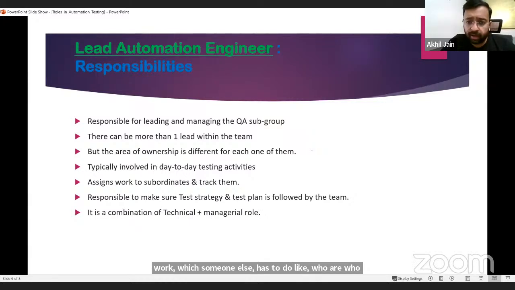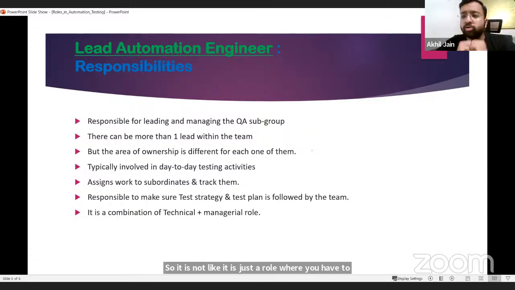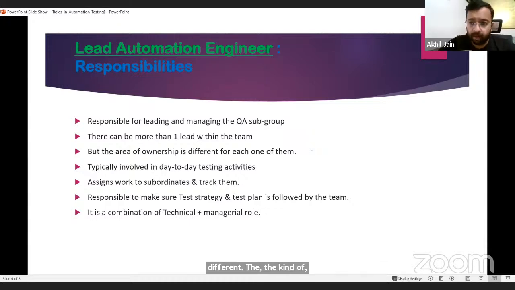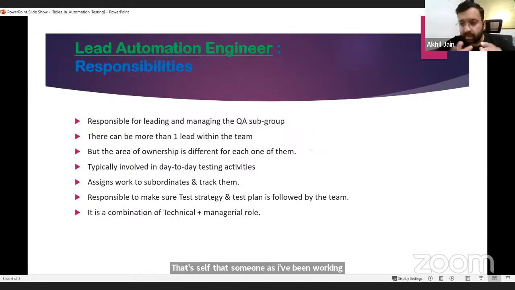It is not just a role where you have to manage things. It is a role where you also have to deliver yourself. Again, the area could be different, the scale could be different, and the kind of activities you do could be different, but working as an individual contributor doesn't go away. It has to be there, plus the additional tasks, as I explained.